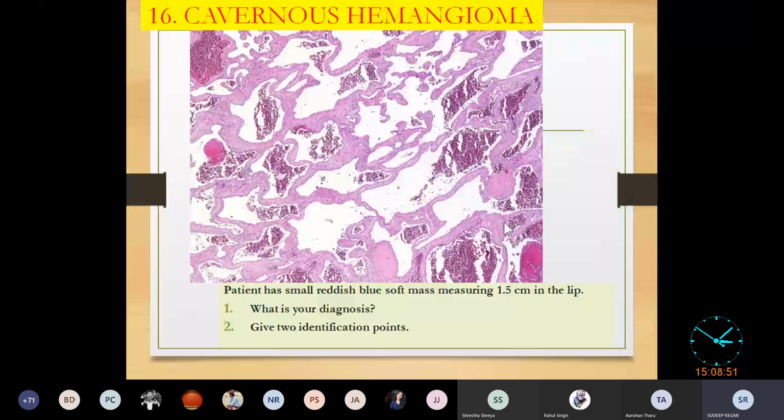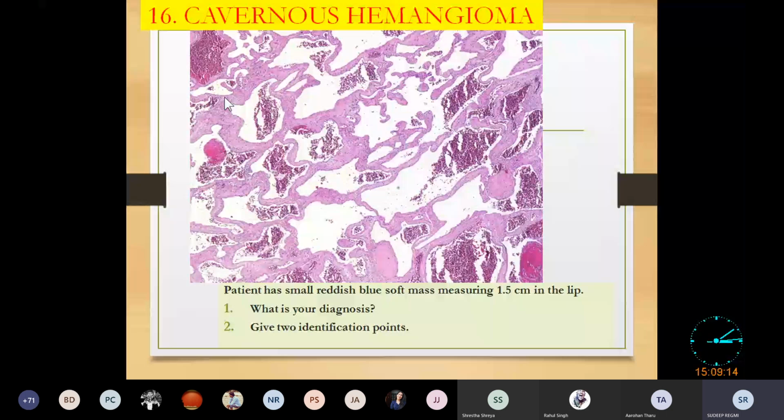So this is a cavernous hemangioma. That is the difference between a cavernous hemangioma and a capillary hemangioma. In capillary hemangioma, the size of the blood vessels is small, capillary-sized by name itself. But here there are large dilated cavernous spaces.